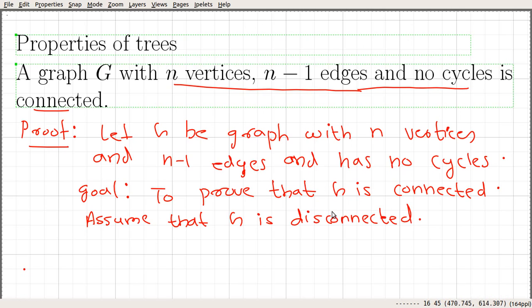If G is disconnected, then G will have more than one connected component, two or more connected components. Since we assume that G is disconnected, G consists of two or more connected components.